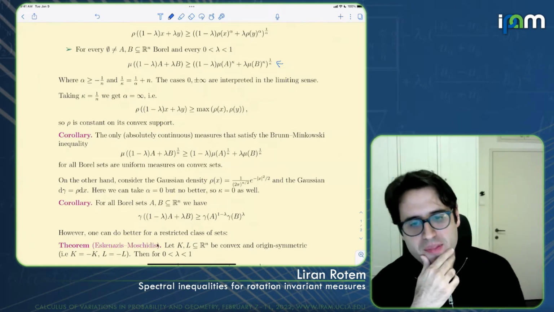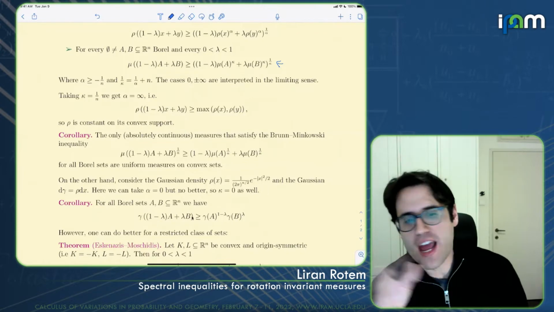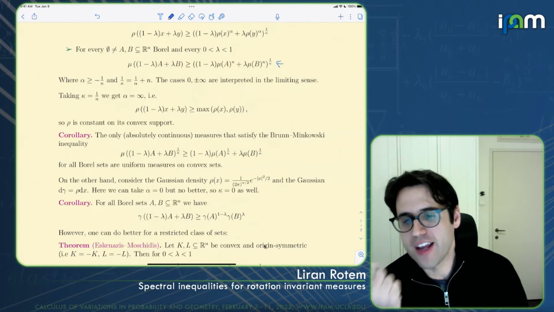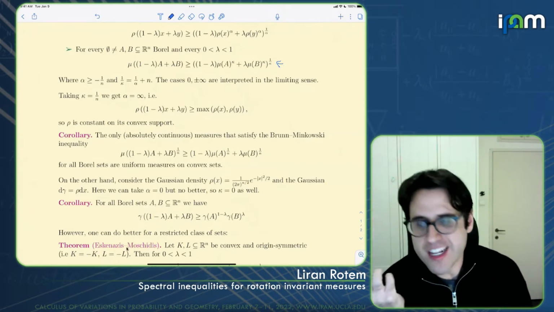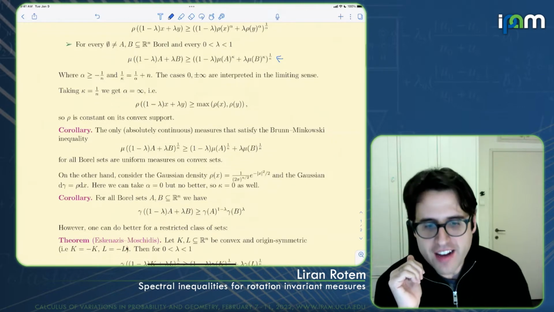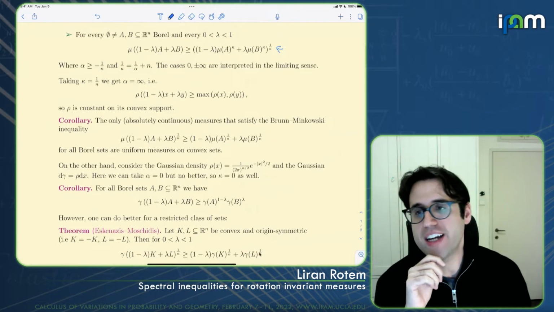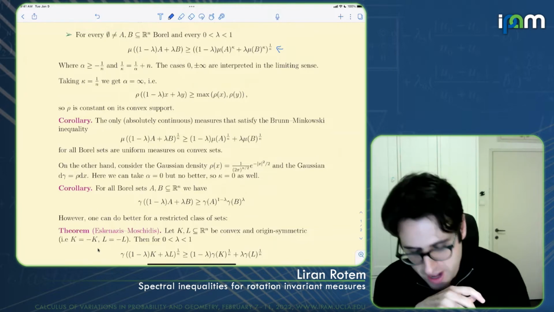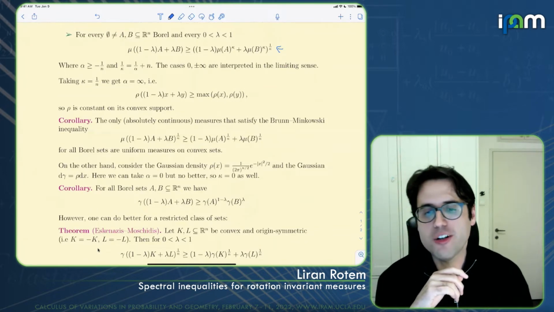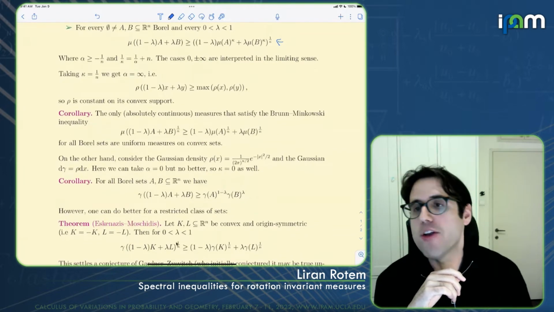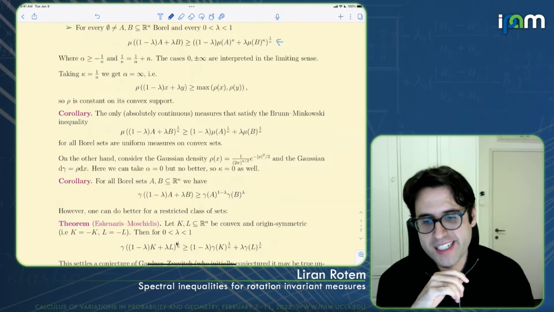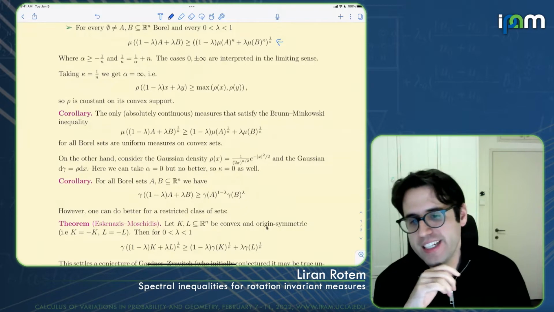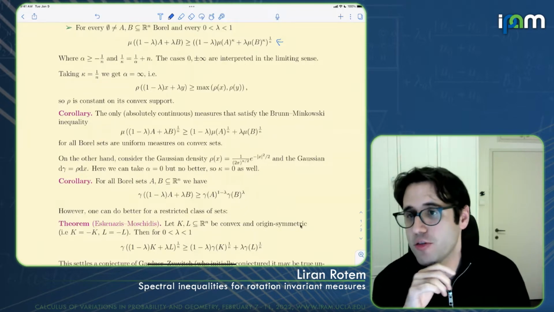That says that if the sets I take are not any Borel set, but they are convex and importantly origin symmetric, so K is equal to minus K, L is equal to minus L, then in fact the Gaussian measure satisfies a Brunn-Minkowski inequality with the optimal constant, the optimal exponent 1 over n. So this is some kind of magic that is facilitated by the origin symmetry of the convex sets.